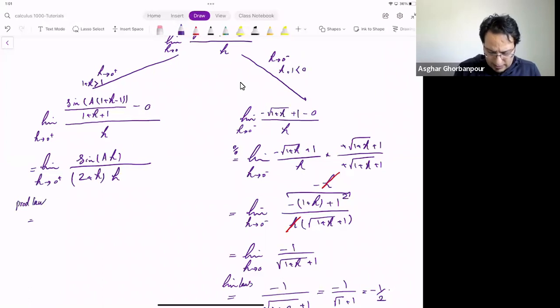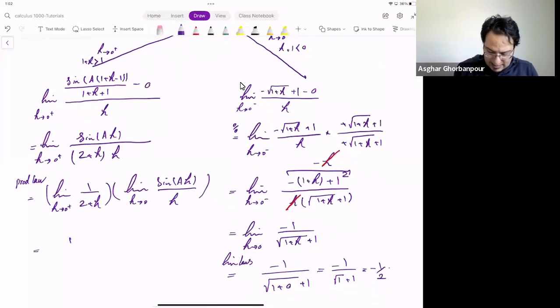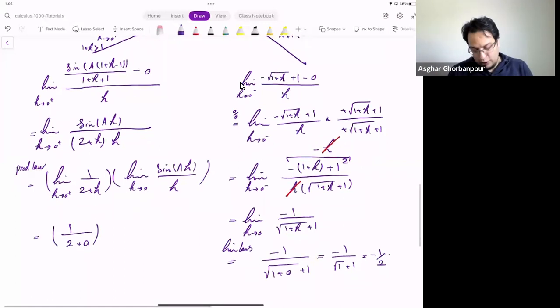This is the limit of 1 over 2 plus h as h goes to 0 plus, times the limit of sine of ah over h as h goes to 0. Well, the first part is easy. This is limit law: 1 over 2 plus 0.